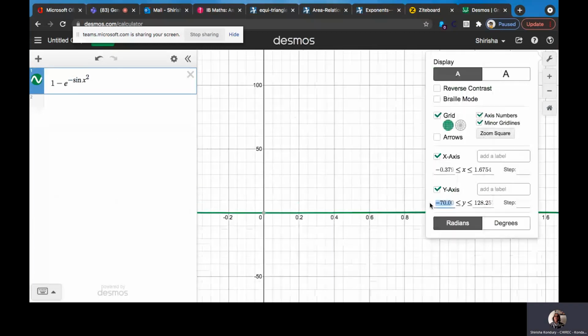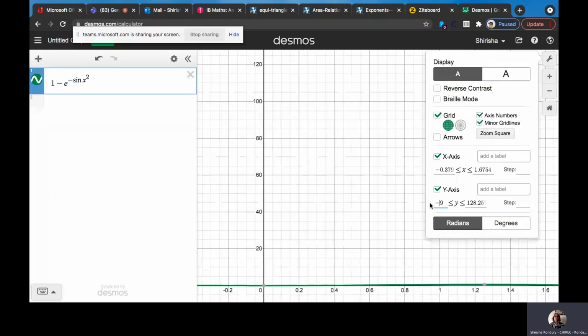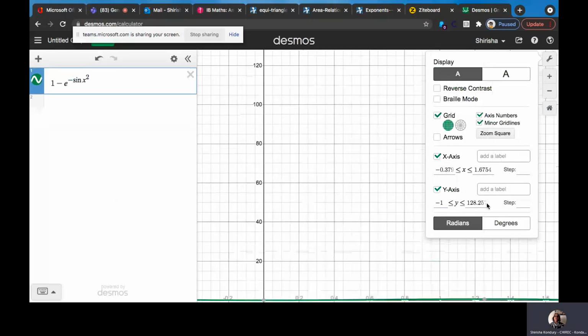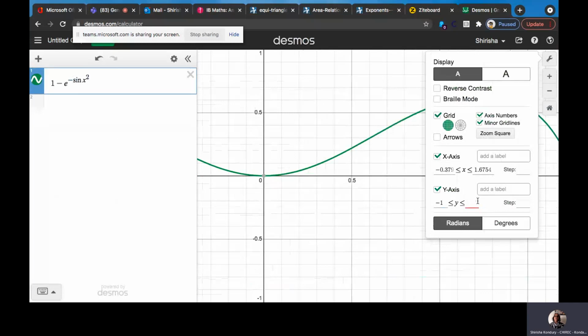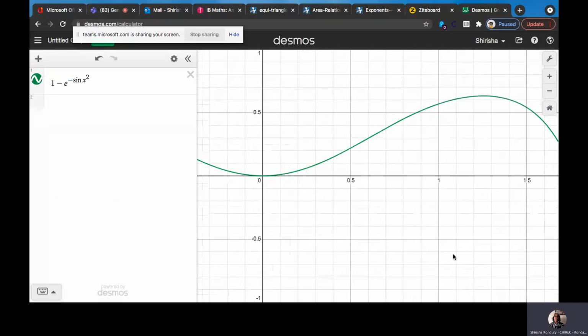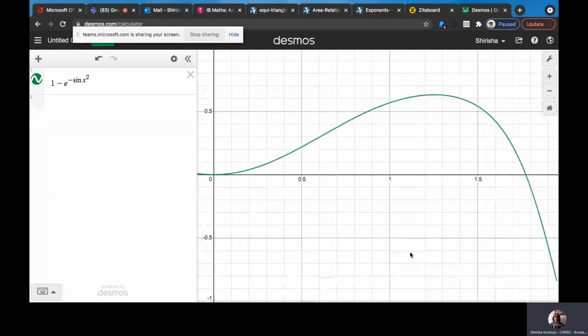So I'm going to look at minus 1 till plus 1. This is how my graph looks, right?